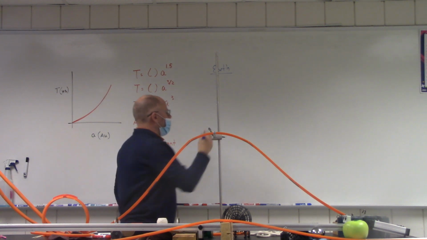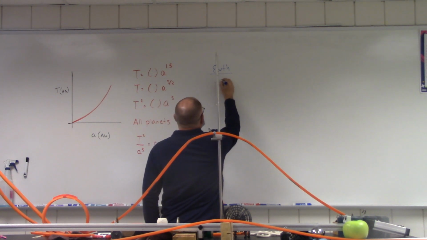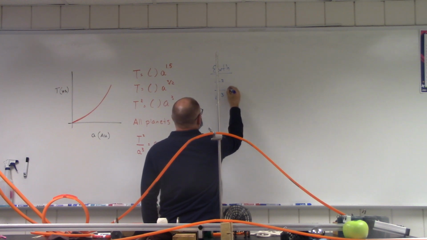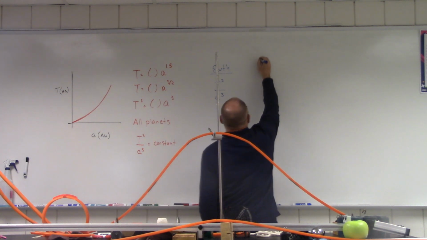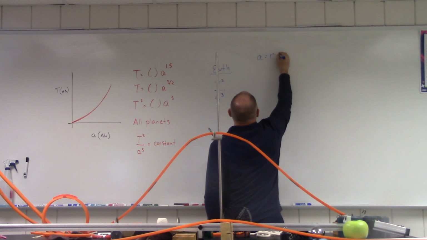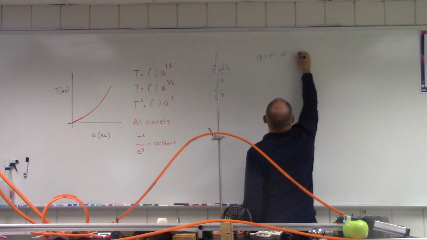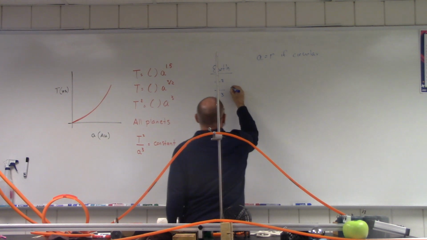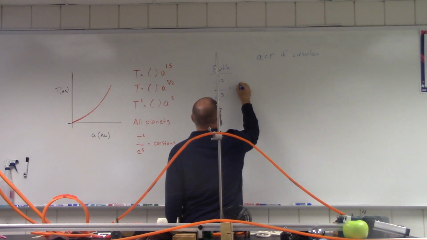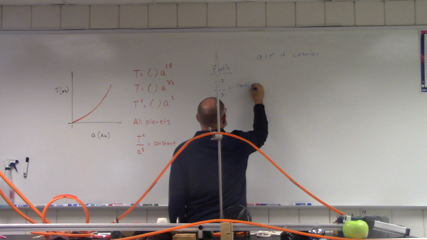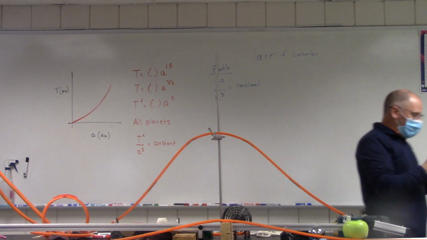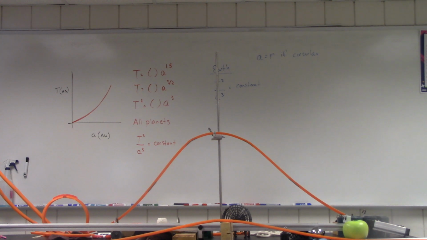The thing about it is that the T squared over A cubed, all right, so I want to write this down. So A equals R if circular. So you have a circular orbit, A is equal to R. So T squared over A cubed would be constant for anything orbiting Earth. Is that cool?